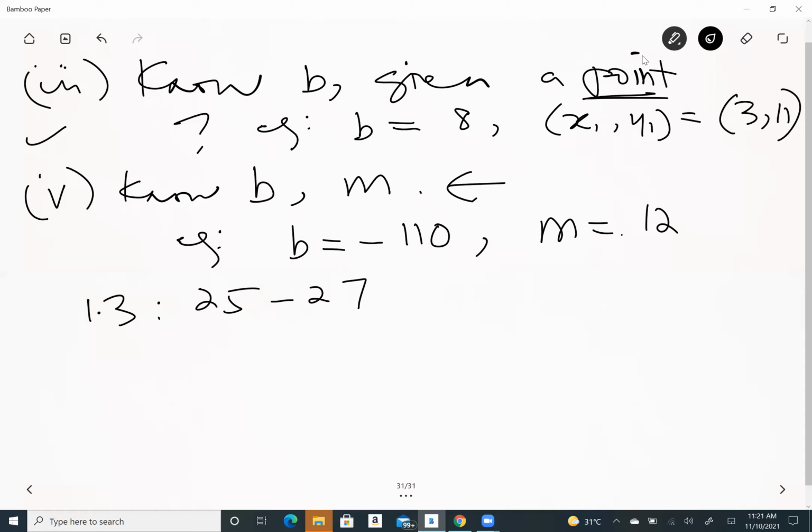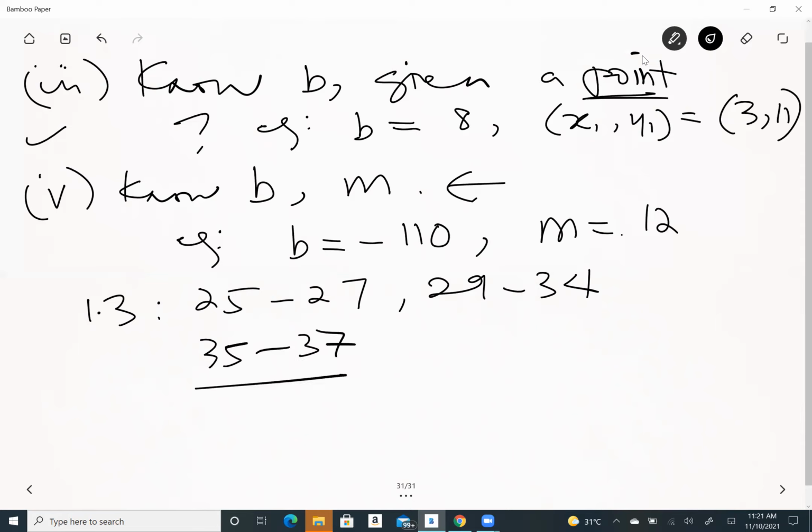And then you do 29 to 33. You know 1 point, you know the slope. If you want to do a little bit more, 35 to 37.